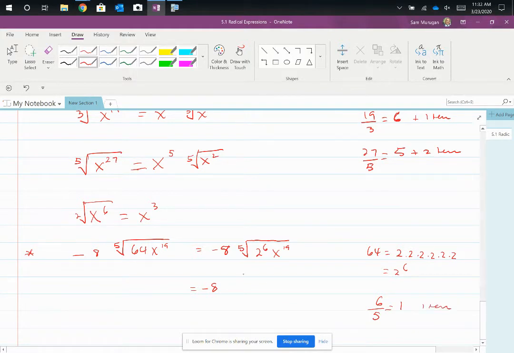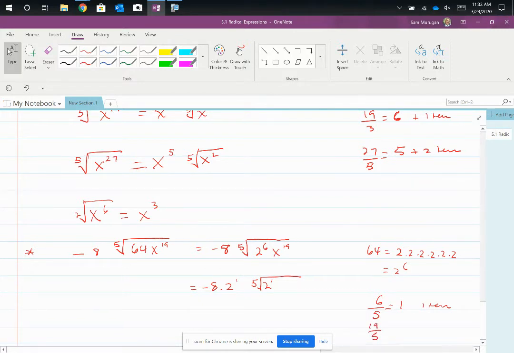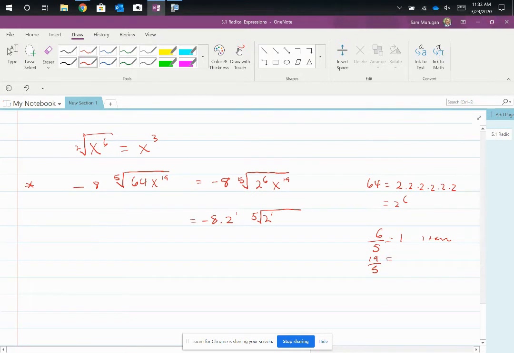So we bring the 2 outside, it goes 1 time, and then there's 2 to the 1 power remaining. Then 5 into 19, 5 threes are 15, and 4 remaining.